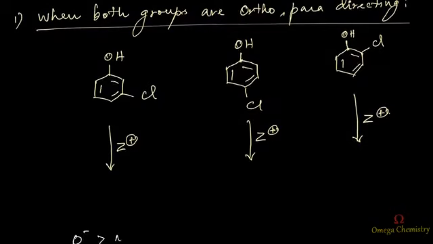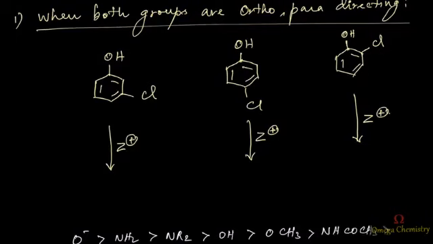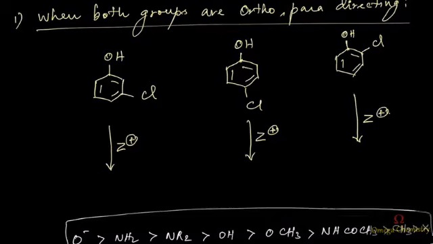Then comes NH2, then NR2, then OH, after that methoxy group, then NHCOCH3, then CH3, finally halogen. So this is going to be the order, right? Now let us take the first case.